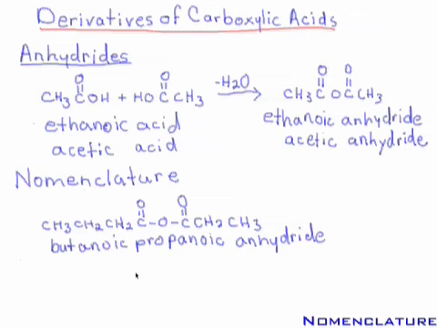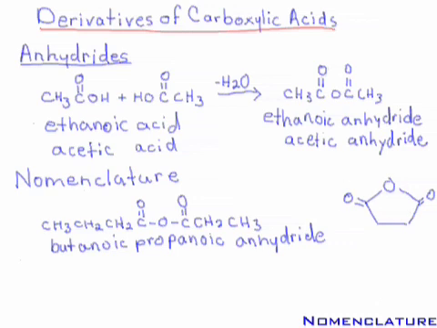Now, cyclic anhydrides we've already examined. Cyclic anhydrides can be derived or named after their parent carboxylic acid.